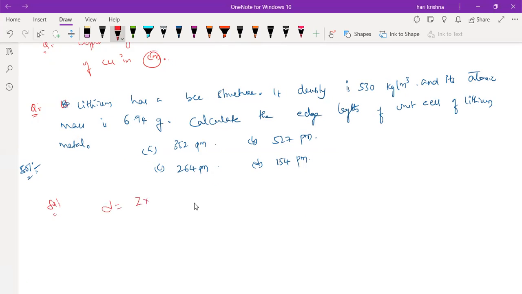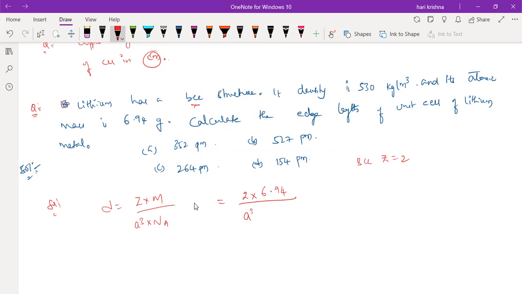d is equal to Z into M by a cube into N_A. Already they said it is a BCC structure. So BCC Z value is how much? 2. 2 into M value, they have already given, it's 6.94, by a cube. They have to find out a only, right?